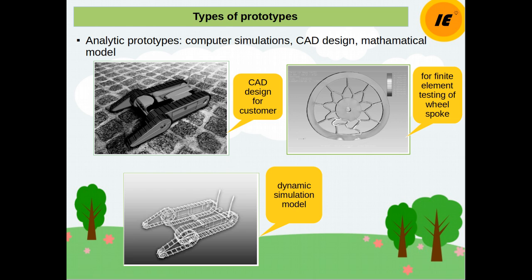But anyway, we saw in the previous slide also the wheel testing. That is more like something you build physically, but in simulation you can also build a certain geometry of the wheel, and then there is something called finite element testing. There also you can test certain performance, how it will work or not. And finally, the dynamic simulation model.